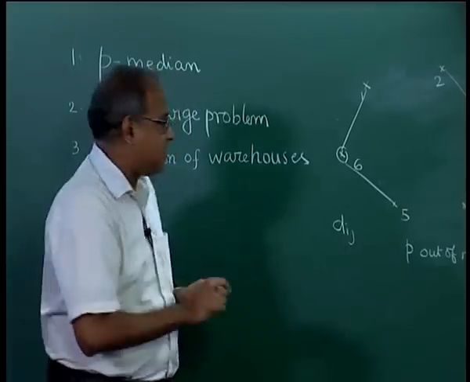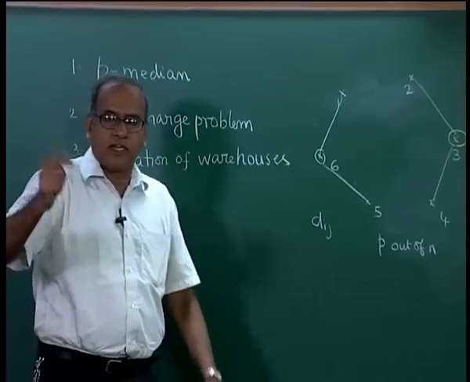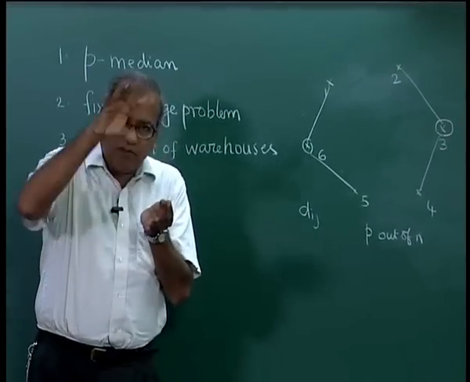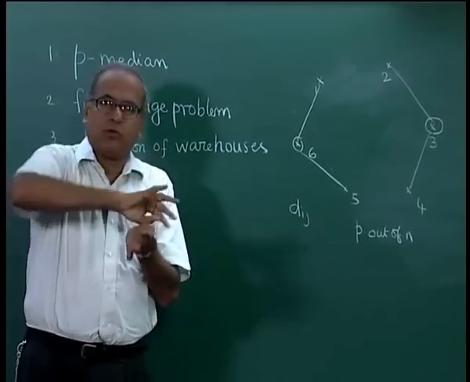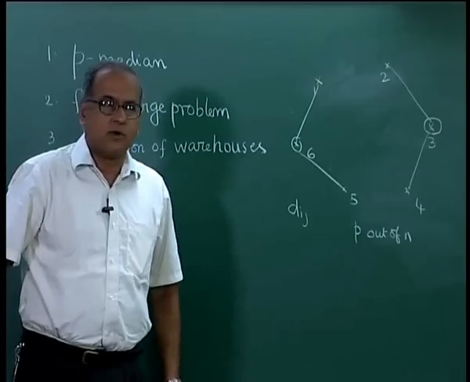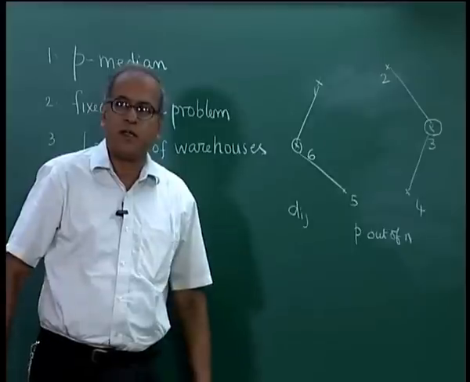We want to find out the best 2 locations out of these 6, such that the remaining 4 are allocated to the 2 locations and the distance is minimized. So, that is the relevance of the P median problem in the context of what we are looking at.